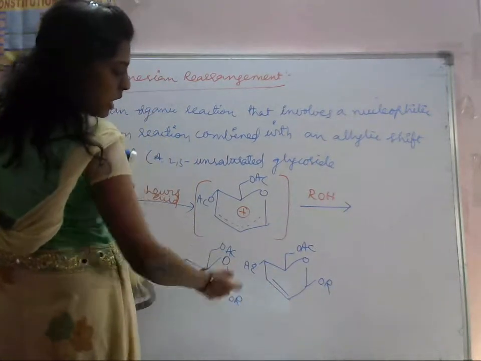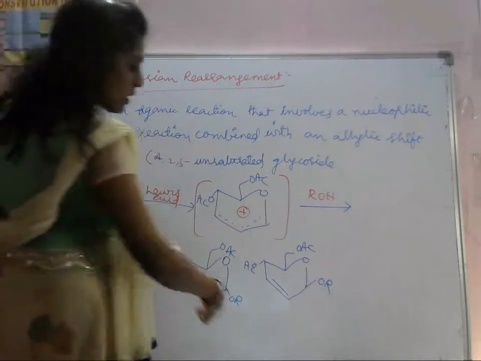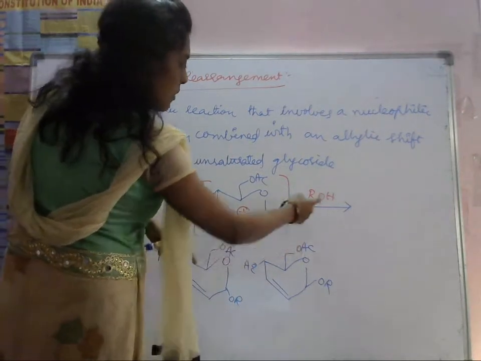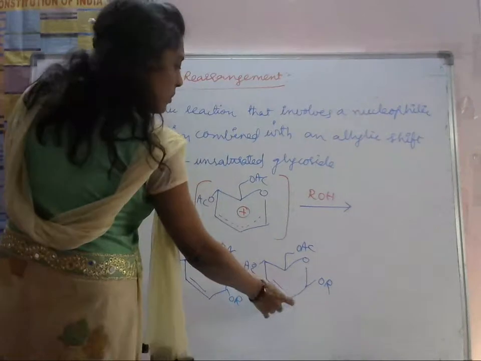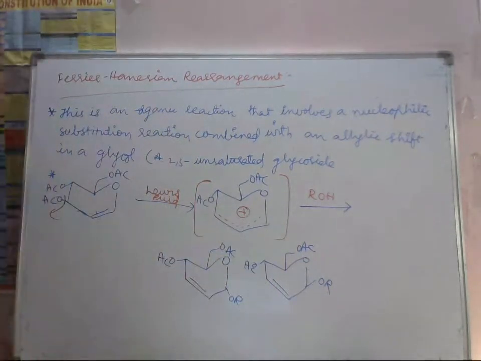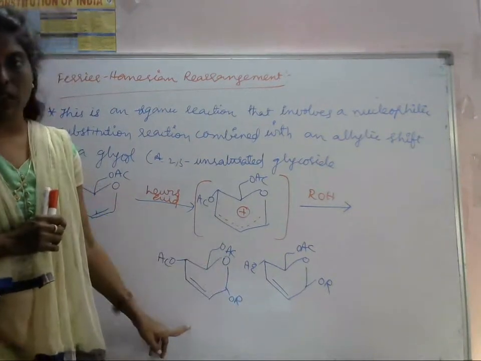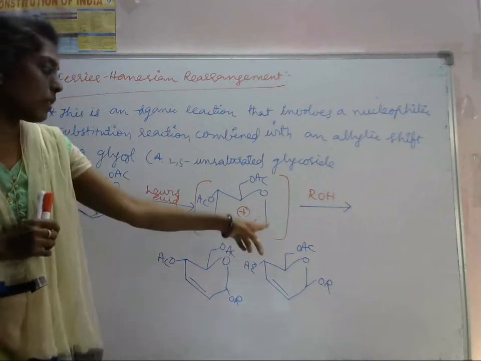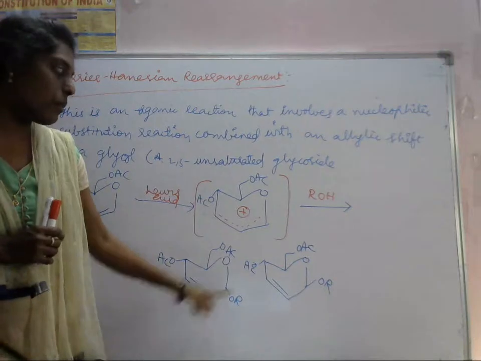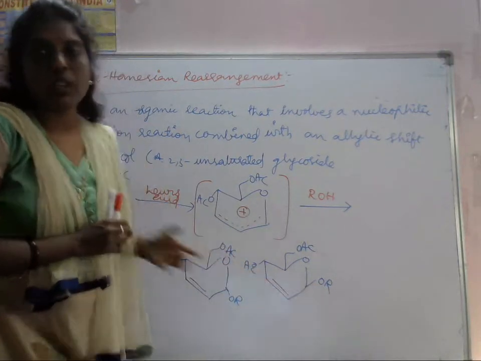Since it is a substitution reaction, it can attack from this side or this side. If it attacks at this position, this product will be formed; if it attacks the other position, that product will be formed. So the direction of nucleophile attack will give the two types of products.